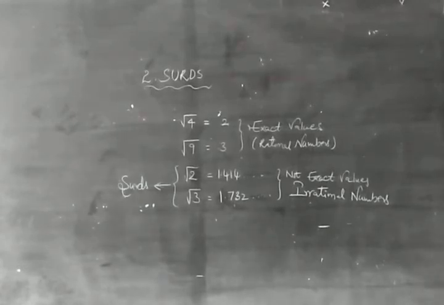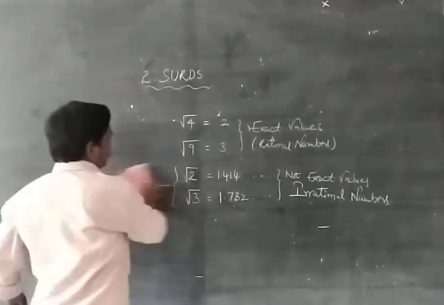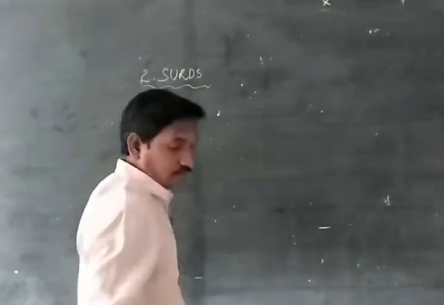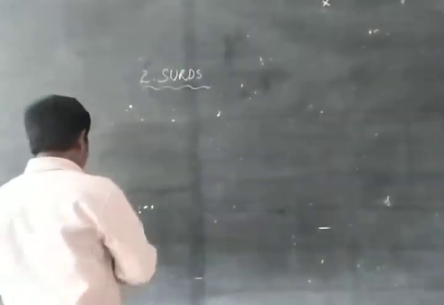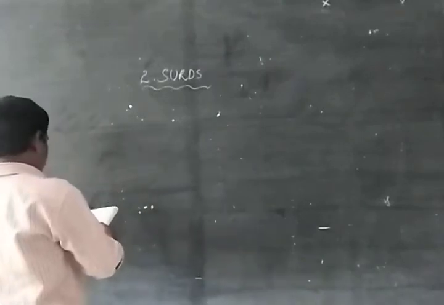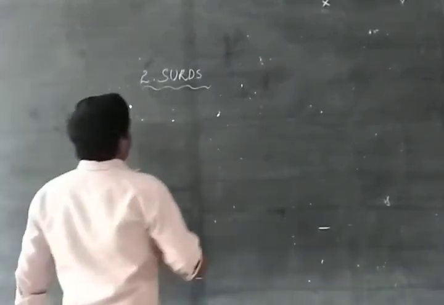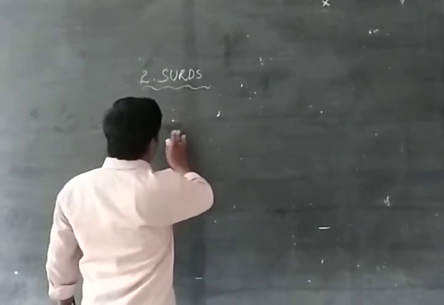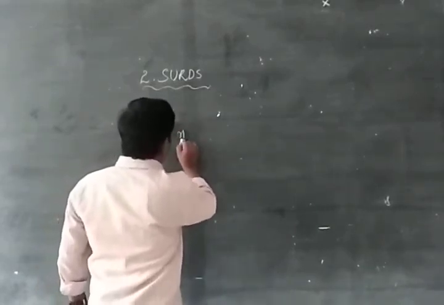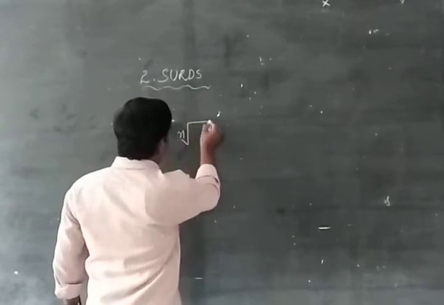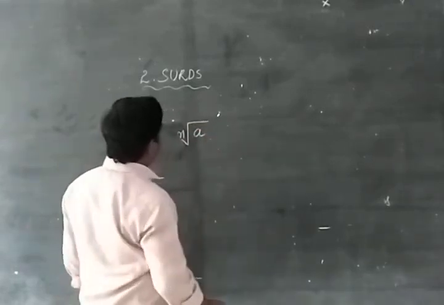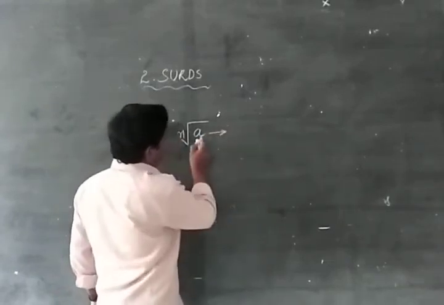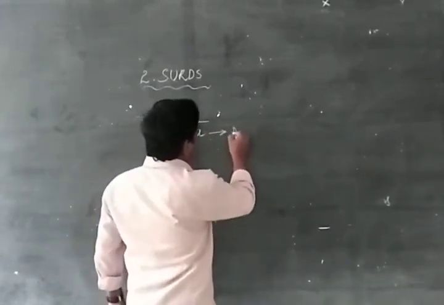Now, the definition of nth root of a. This is the radicand. A is called the radicand.